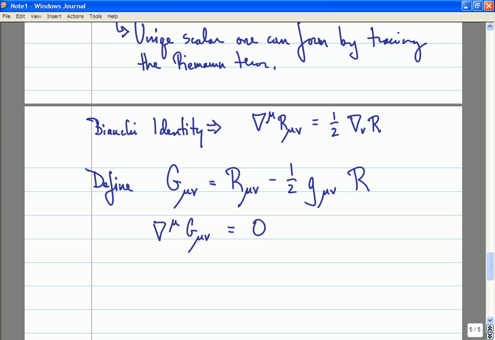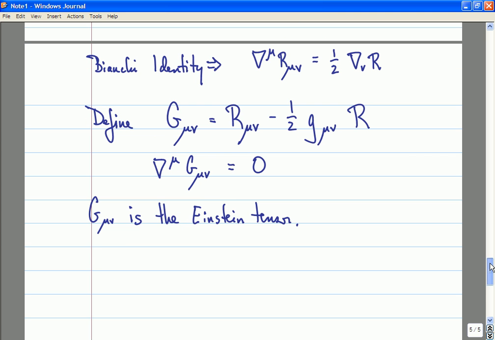G mu nu has an interesting name. It's known as the Einstein tensor. And what properties does it have? Well, like the metric and the Ricci tensor, it's a symmetric (0,2) tensor.